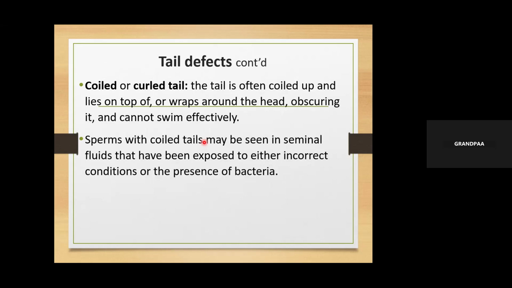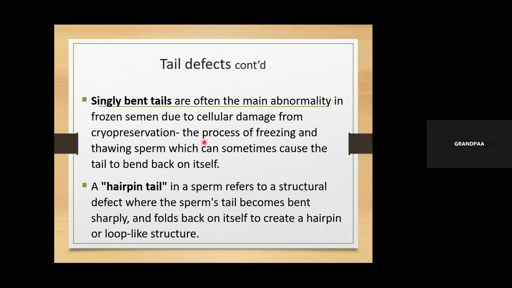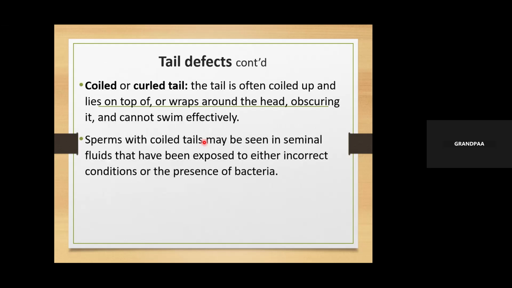With the hairpin one, it will give you a first bend, like the singly bent tail, and then after that the rest of the tail will also begin to coil. That's the difference.